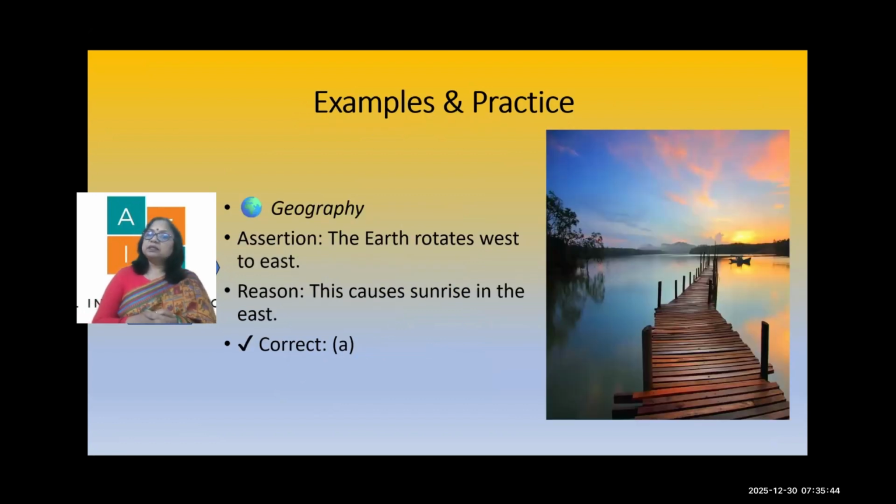Coming to the next example from geography, the assertion says the earth rotates west to east, and this causes sunrise in the east. So here the assertion is correct, the reason is correct, and it explains the assertion.